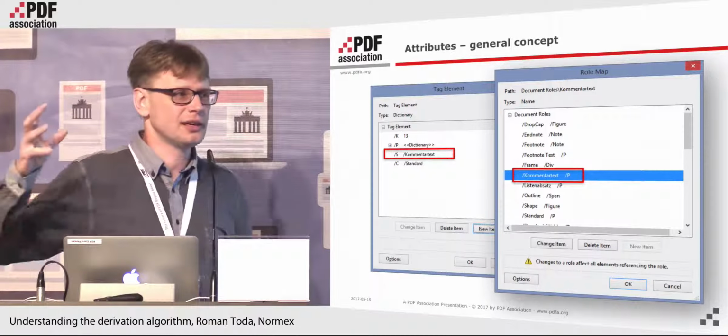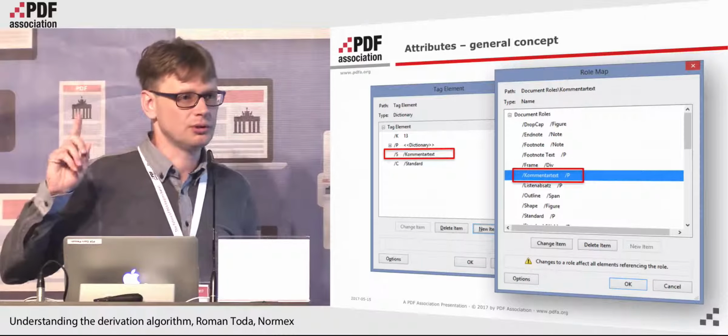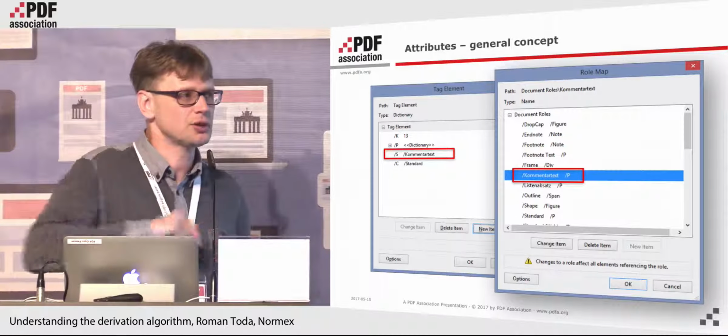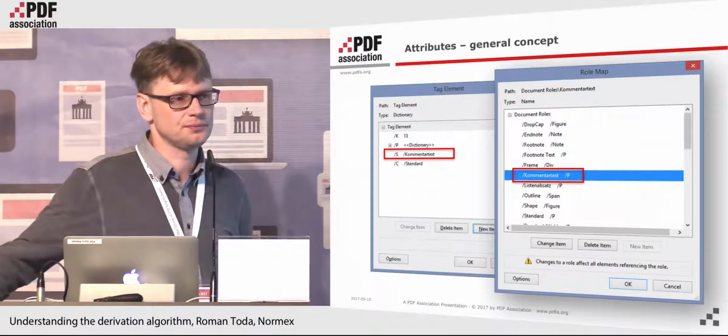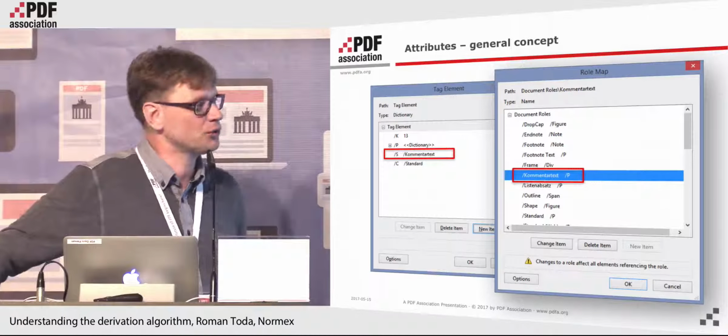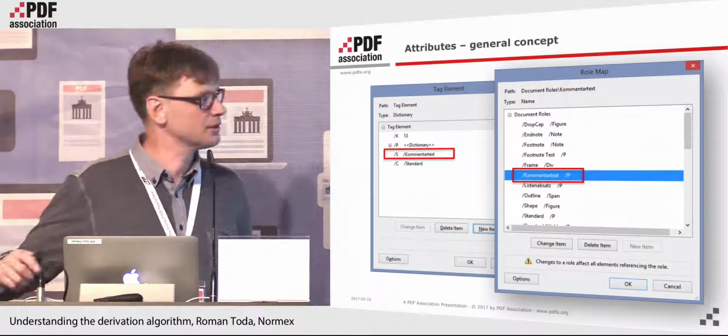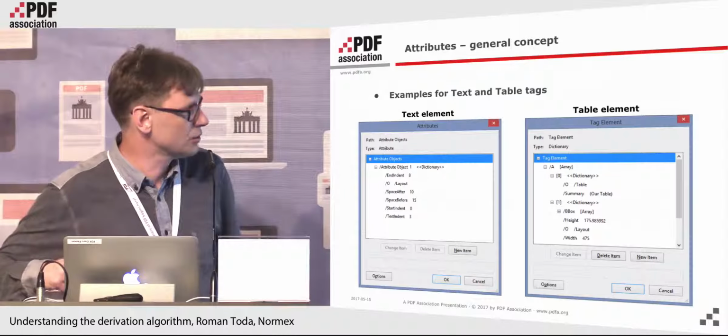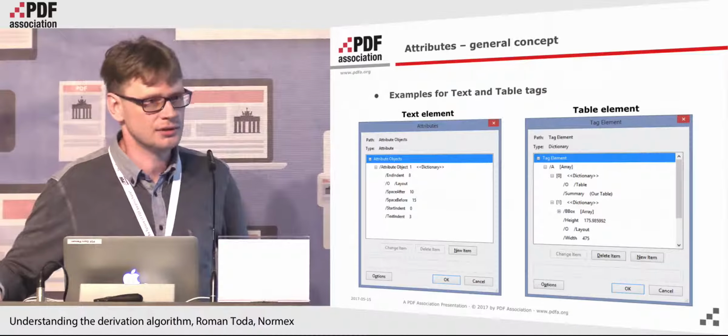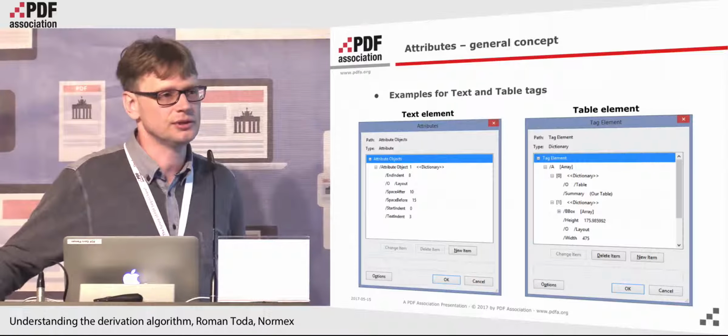So one tag could only have one role. But that's the language you can use. When it comes to attributes, that's different. As I showed here, you may have different attributes on a tag.